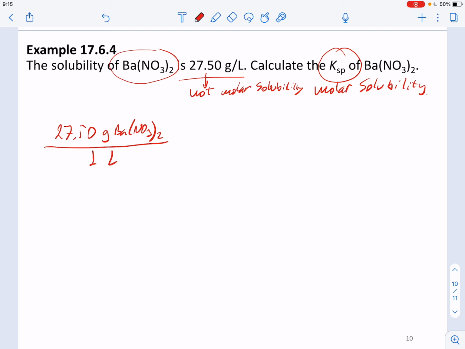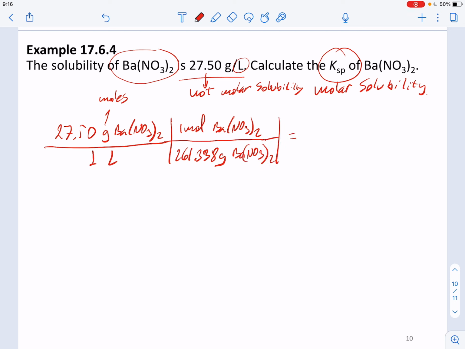For molar solubility, we still need the liter, so we are not going to do anything with that. But then we need to convert these grams to moles, and we do that by dividing by the molar mass. So 1 mole of barium nitrate is equal to 261.338 grams of barium nitrate.